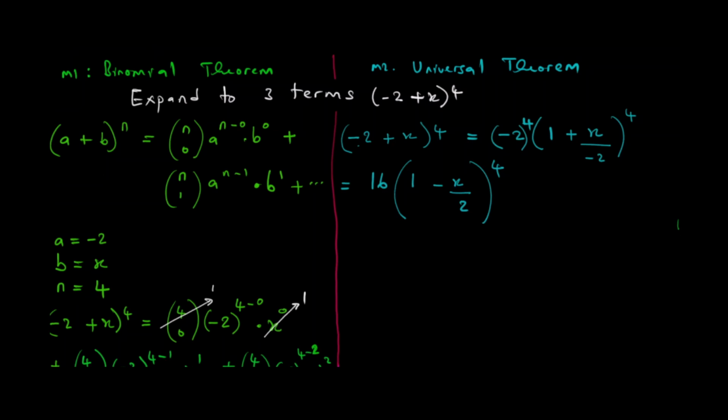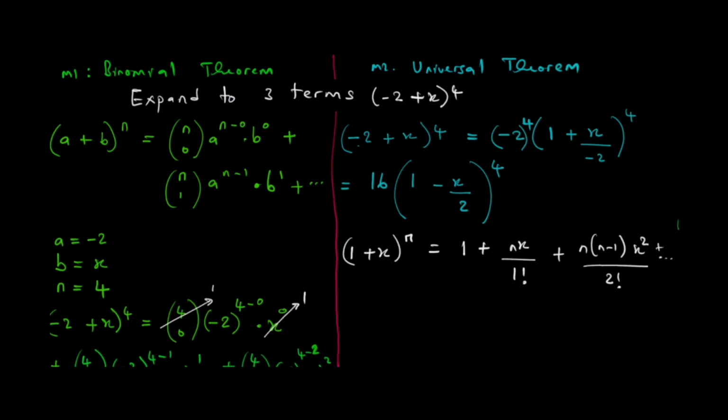So we simplify so that we can apply what we want to learn. Now we know, maybe I have to repeat it: 1 plus x to the power n is equal to 1 plus nx over 1 factorial plus n times n minus 1 times x squared over 2 factorial and so forth.